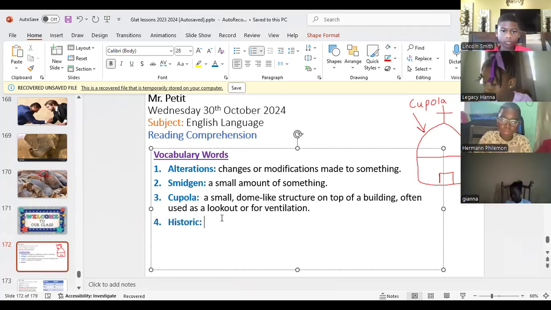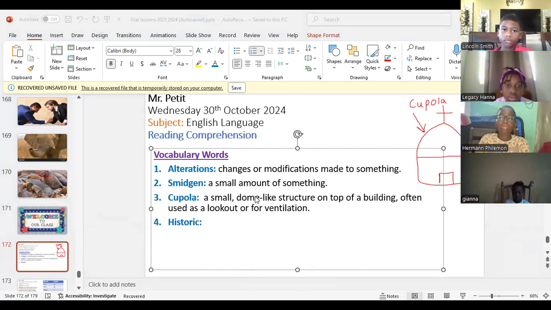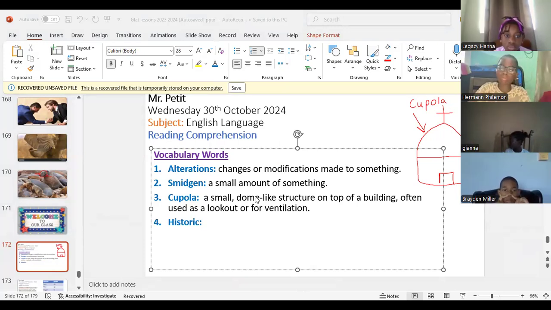Historic. What do we mean by historic? Something that is old. Something that was made history. Say it again, Tajane. Something that was in the past or had something to do with history. Go ahead, Legacy. What do you think it is? Something that is old or something that was made a long time ago. Yeah, historic.